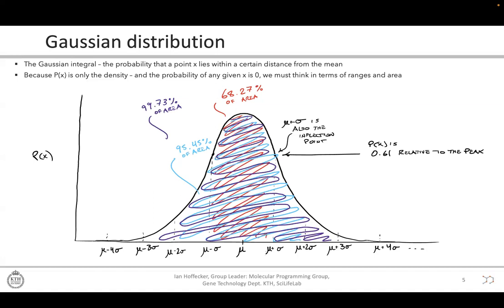And we can keep going. So this distribution just keeps going out, but it also keeps getting smaller and smaller. And so when we go out to 3 standard deviations, we're already up to 99.73% of the area. So more than 99% of points are going to lie within 3 standard deviations.